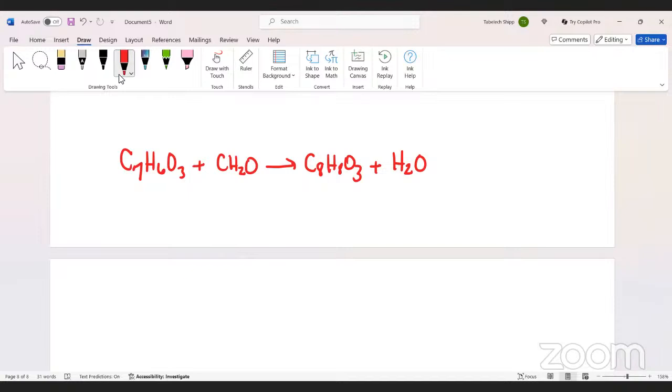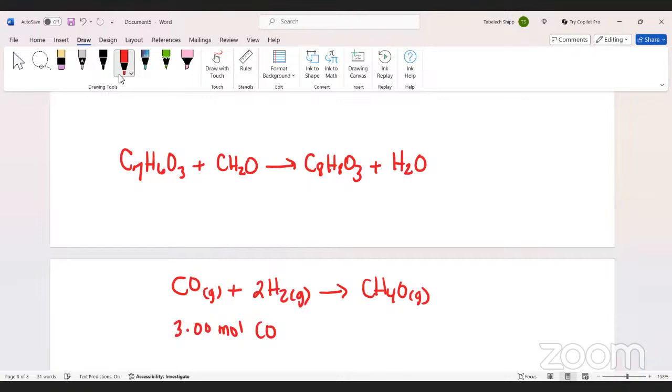So we've got carbon monoxide plus hydrogen gas that produces, of course, CH4O. This is the chemical reaction. I'm going to read it to you, and I'm just going to write down what's given. If 3.00 moles of CO and 5.00 moles of hydrogen are the initial reactants, what is the limiting reactant?